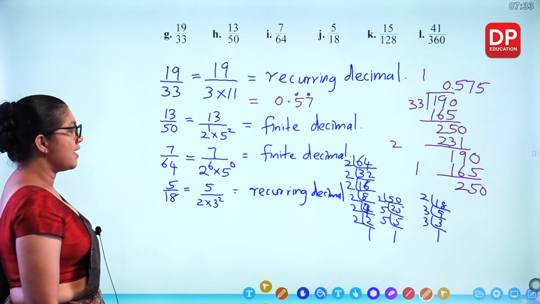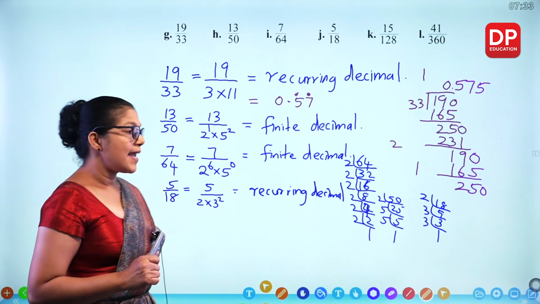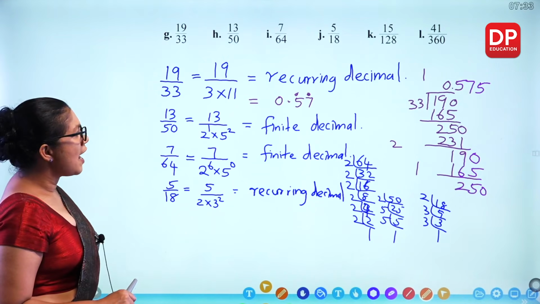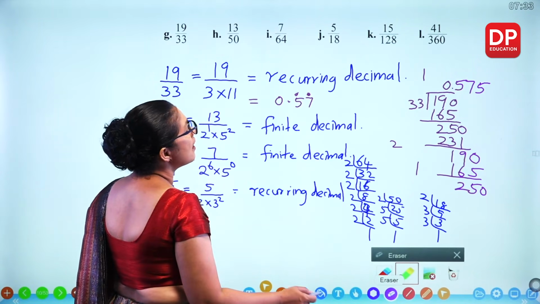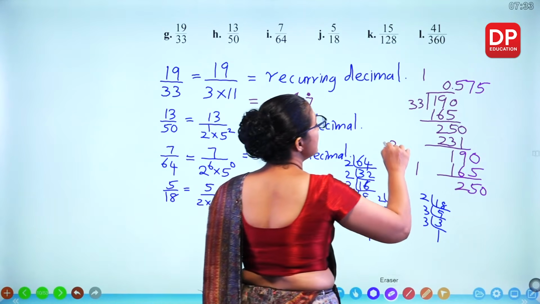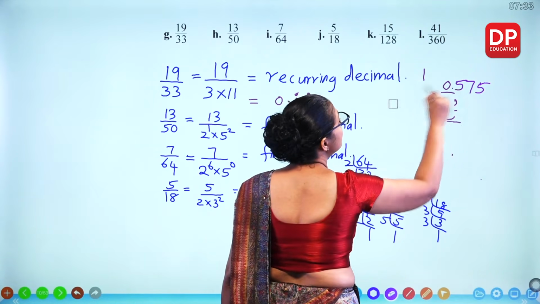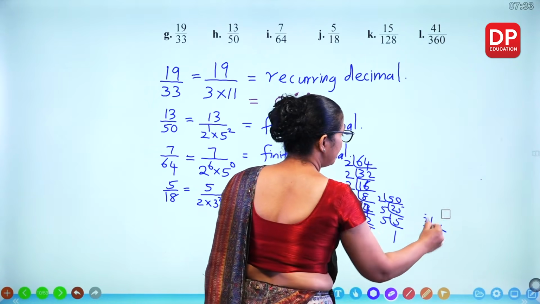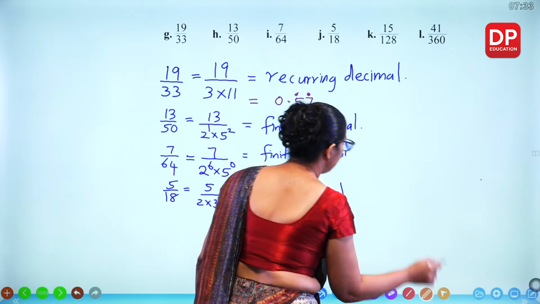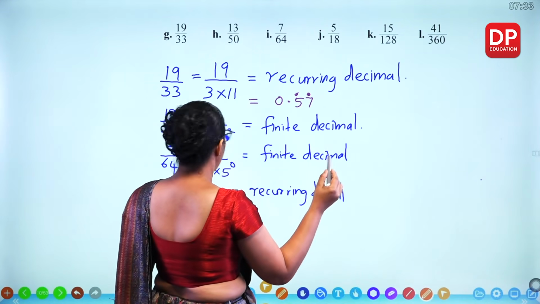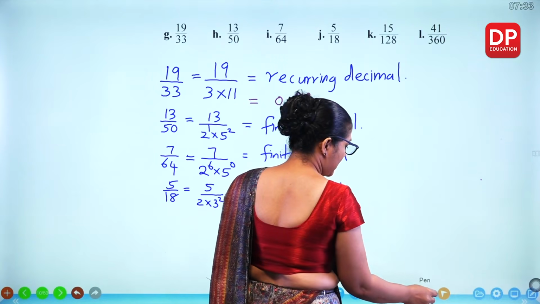Now we need to find out what's the concise form. 5 divided by 18. I'll erase this one and get space here. 5 divided by 18.